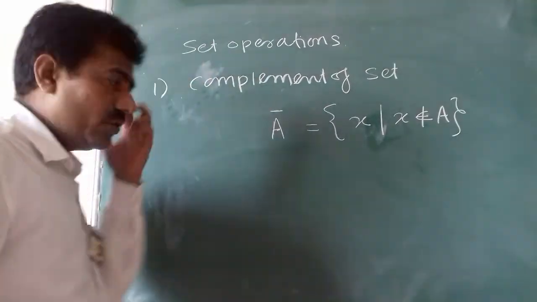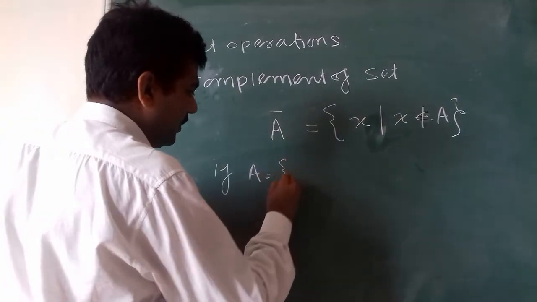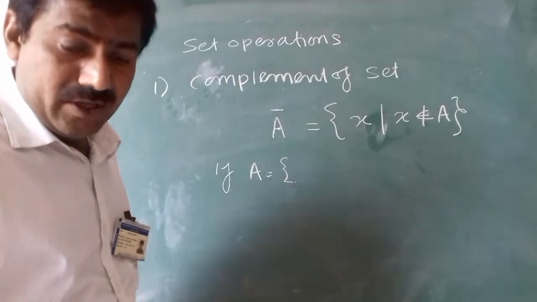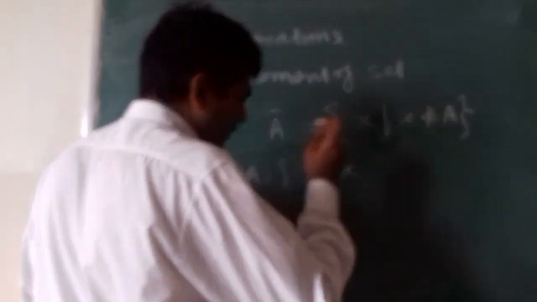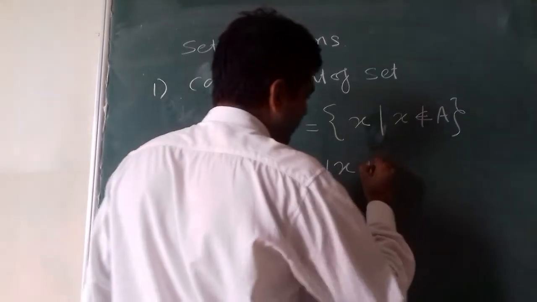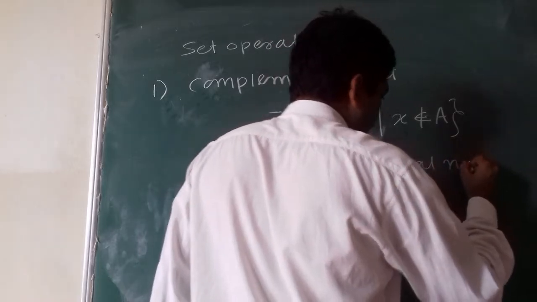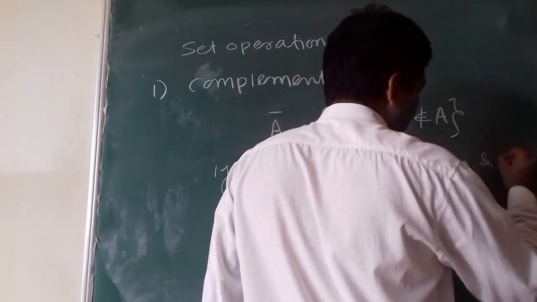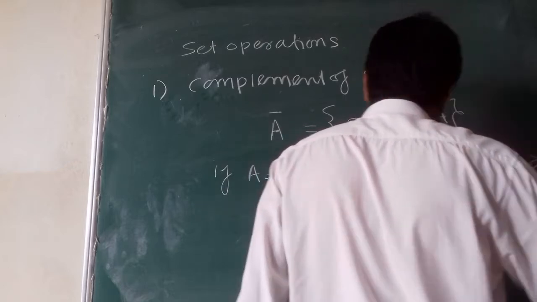Okay. So if capital A is a set of real numbers, capital A is a set of elements x such that x is a real number and x is greater than or equal to 10.